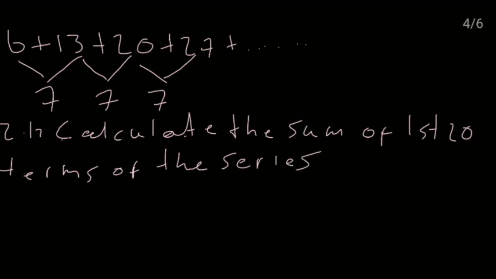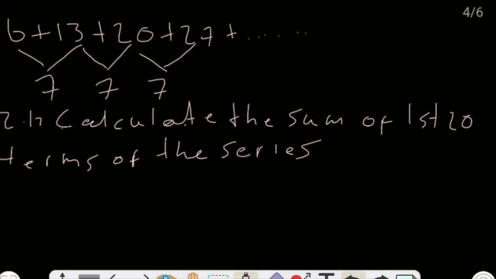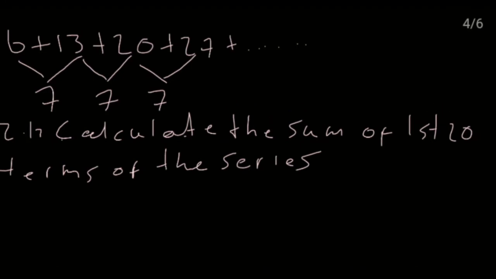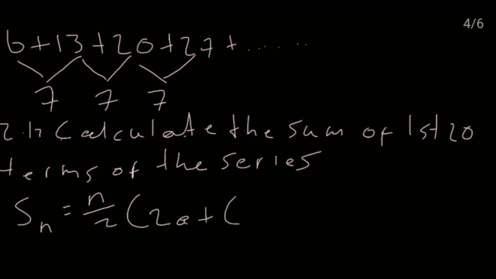Now we're dealing with an arithmetic sequence, arithmetic pattern. So your equation in this case is Sn equals n over 2 open bracket 2a plus open bracket n minus 1 close bracket times d, right?